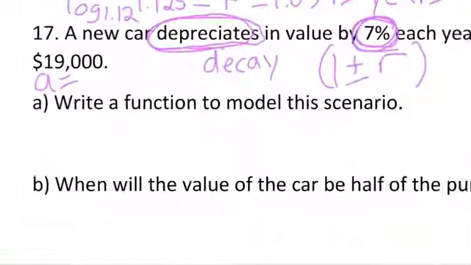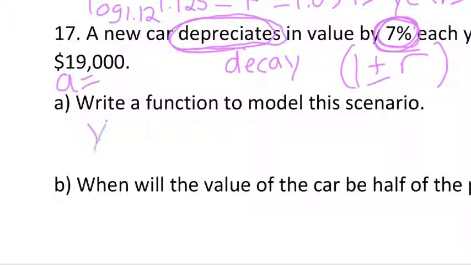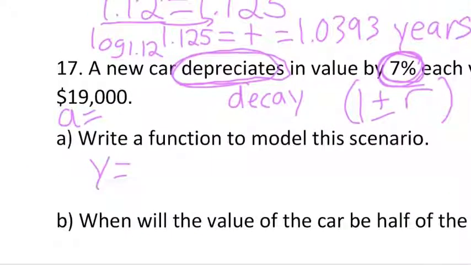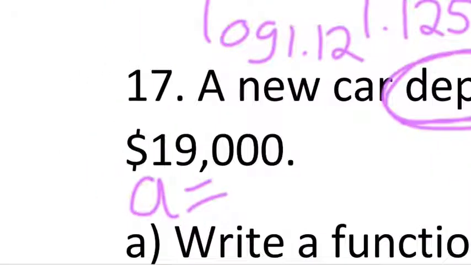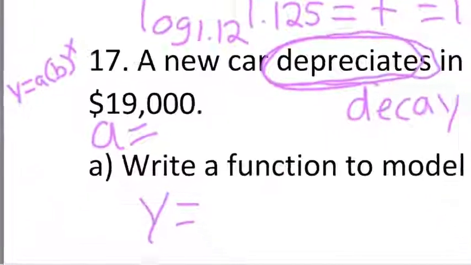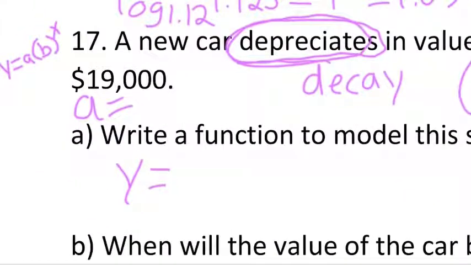So let's write a function for it. So we always have y equals our A, and by the way, before I even do that, if you need it, our general form for our exponential is y equals A times B, which is our growth or decay factor, times our x. So y equals our A, which is 19,000.